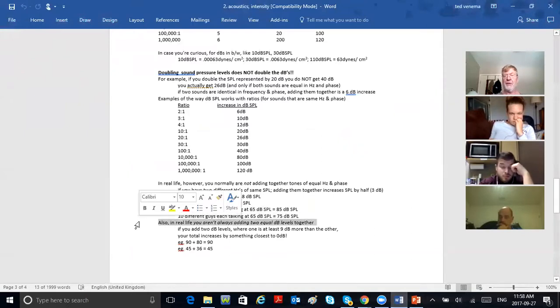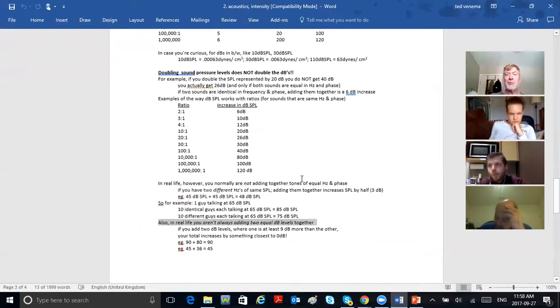Also, in real life, you aren't always adding 2 equal decibel values together. Sometimes you're not adding 50 and 50, you're not doubling. Sometimes you're adding 60 and 50, 70 and 30. You may not be adding 2 equal decibels together.